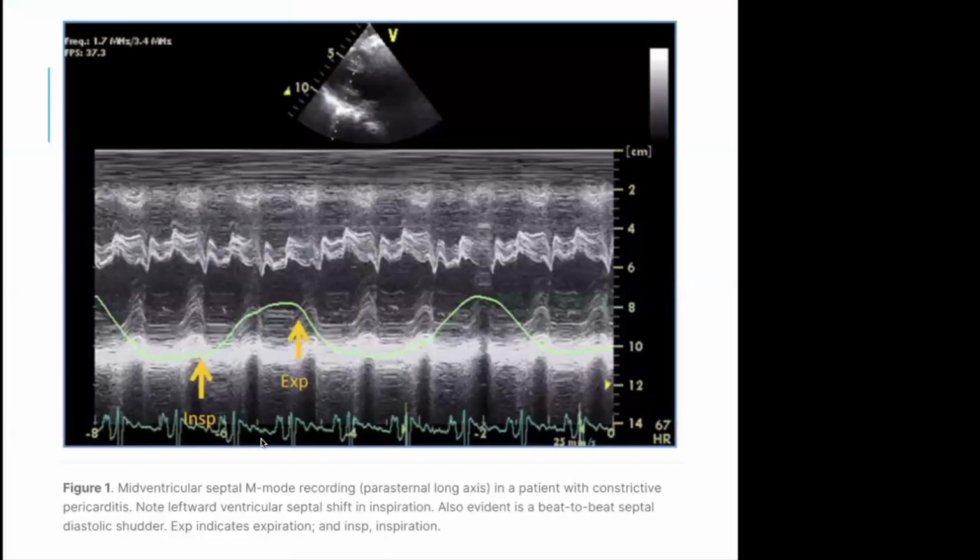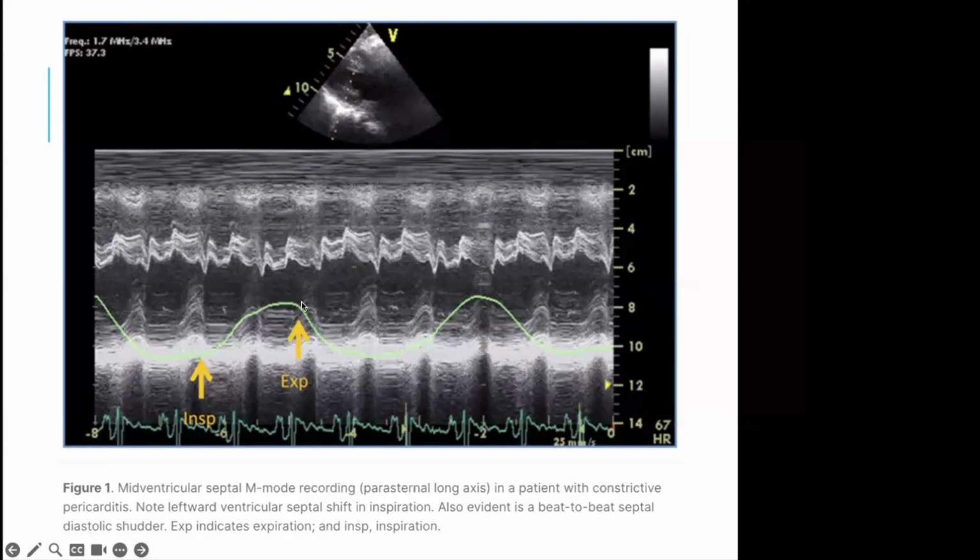The best way to appreciate this on echo is by using an M mode through the septum with a respirometer attached. We can see that with inspiration, as the curve is moving up, the RV cavity increases in volume, the septum is shifted to the left, and then the volume in the left ventricle decreases.